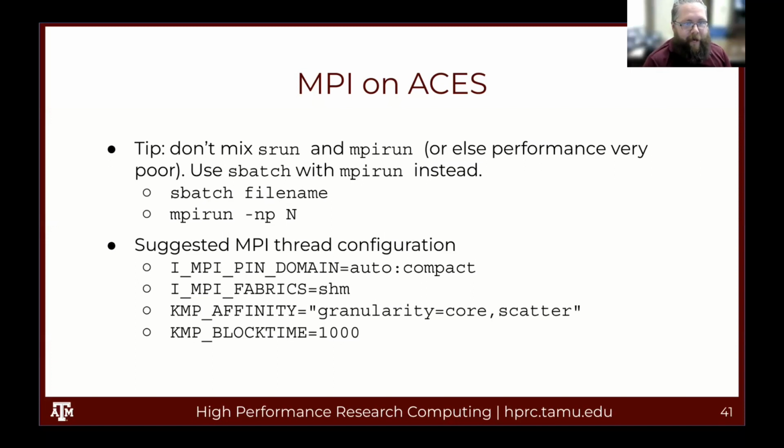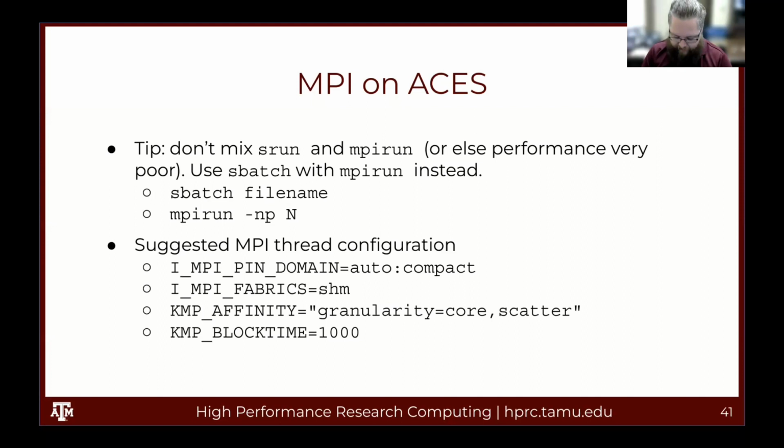It might be a bug, or maybe I just don't understand how srun works. But in order to get the correct performance, we're going to be using sbatch. So sbatch filename, and somewhere in the file, there's your mpirun command. The syntax for mpirun is -np for a number of processes, and n here represents any variable number of processes.